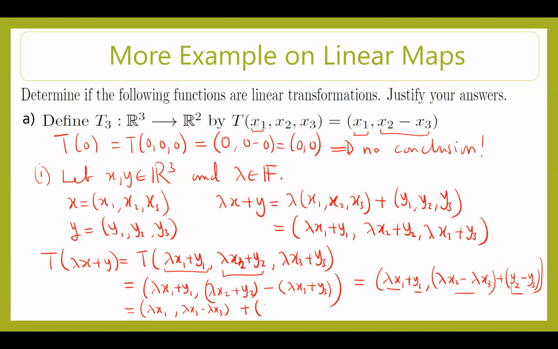So that will be y1, comma, y2 minus y3. Okay, so if you notice the first vector here, lambda is common, so I can pull out the lambda. I have x1 comma x2 minus x3 plus y1 comma y2 minus y3 based on this definition.